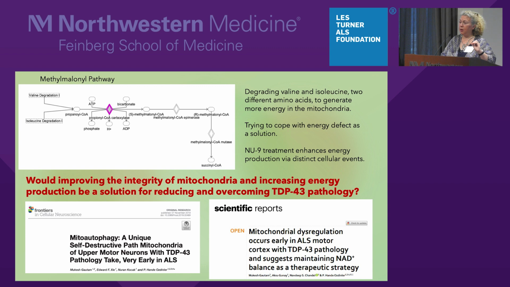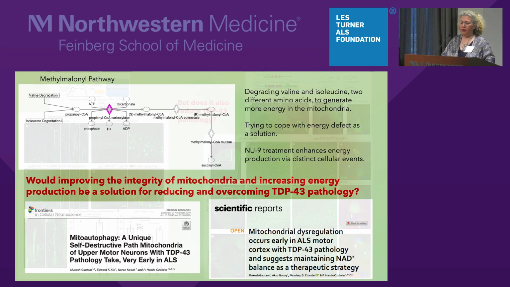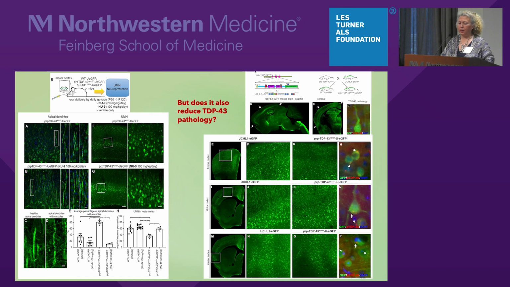You actually see mitochondrial dysfunction before TDP pathology occurs, before the TDP accumulation occurs. And by regulating this mitochondrial dysfunction, you can actually have improvement in neuronal health, which makes us believe that looking at mitochondria would actually be a good strategy.